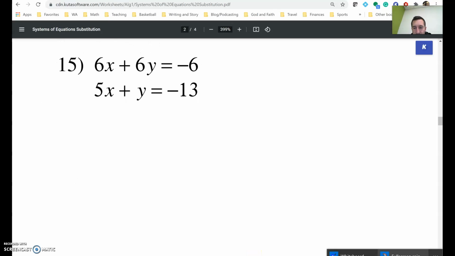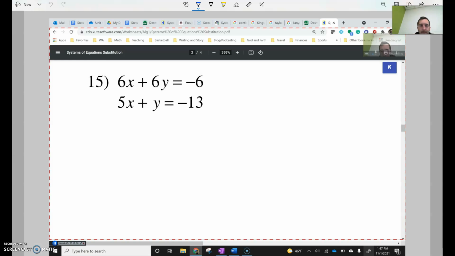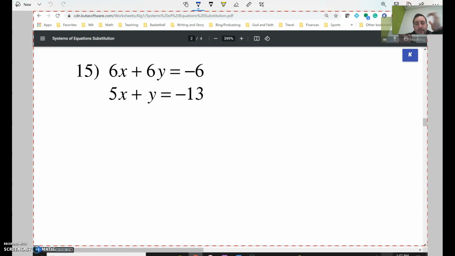I'll do it right on that sheet, full screen. Okay, so we have a system. This is equation number 1. This is equation number 2. They're going to work together, and there is either 1 point that satisfies both of these, or there's no points, or there's an infinite amount of points.